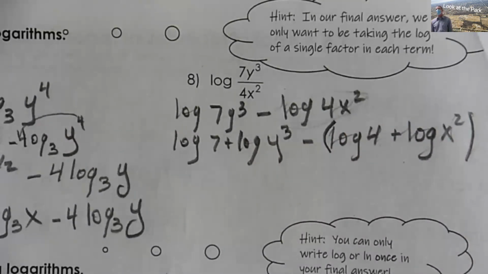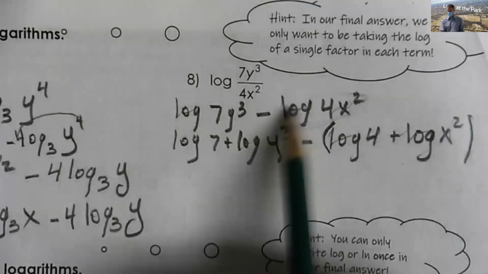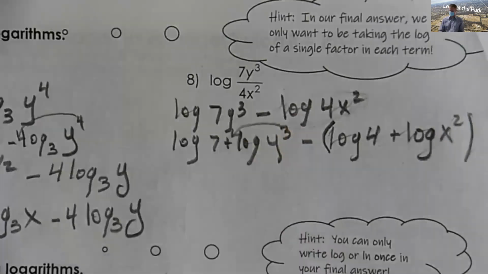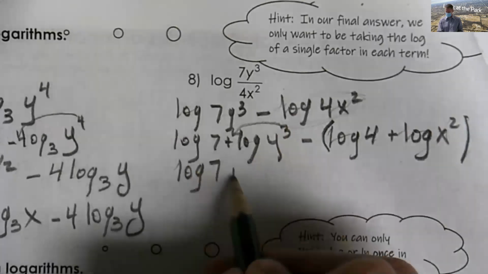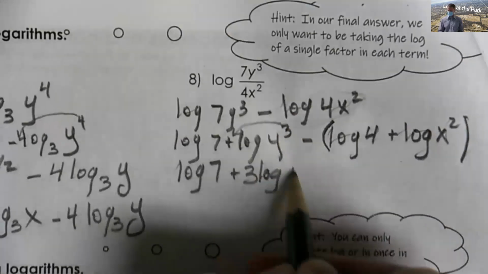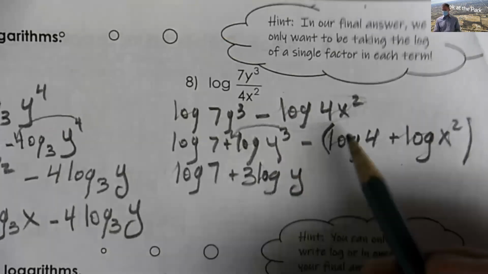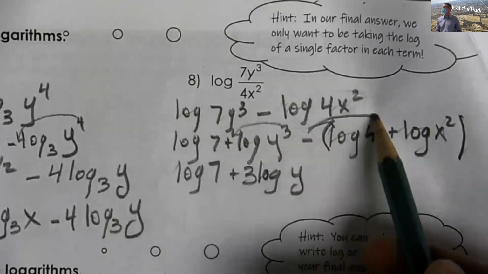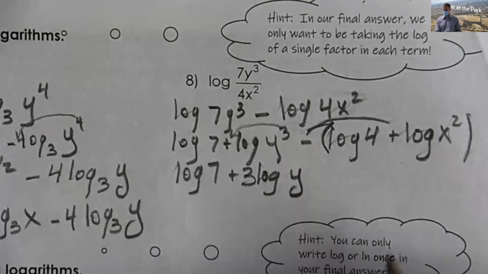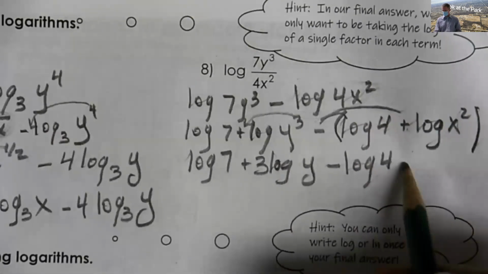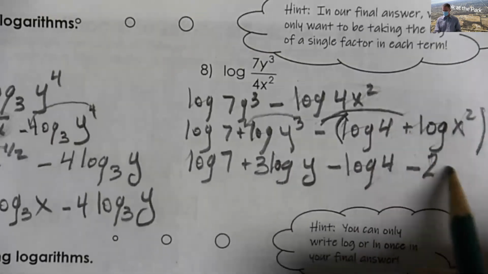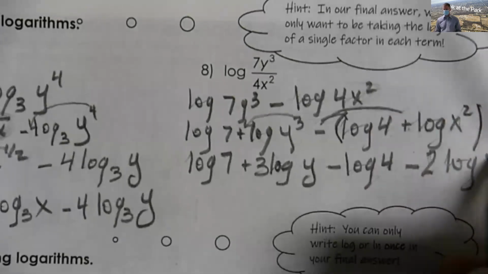You need to subtract them both, so you've got to have parentheses there. Of course, the 3 can go in front of its logarithm. Now we can distribute this negative into the parentheses. So it's still minus the log of 4, but it's also minus 2 log of x.